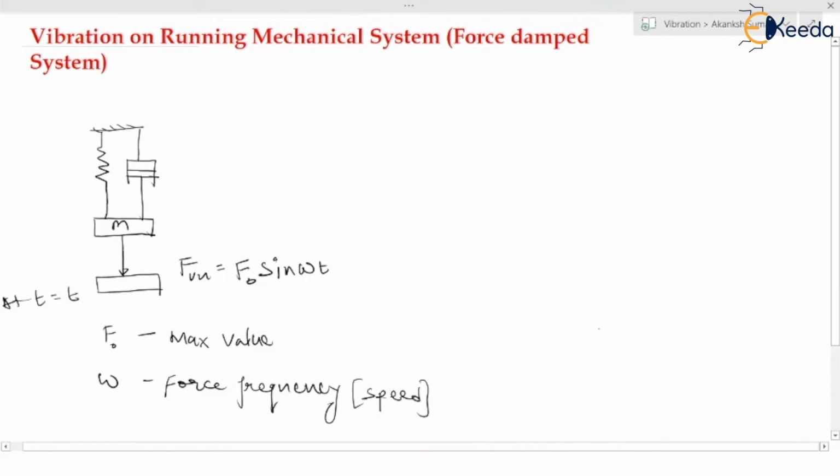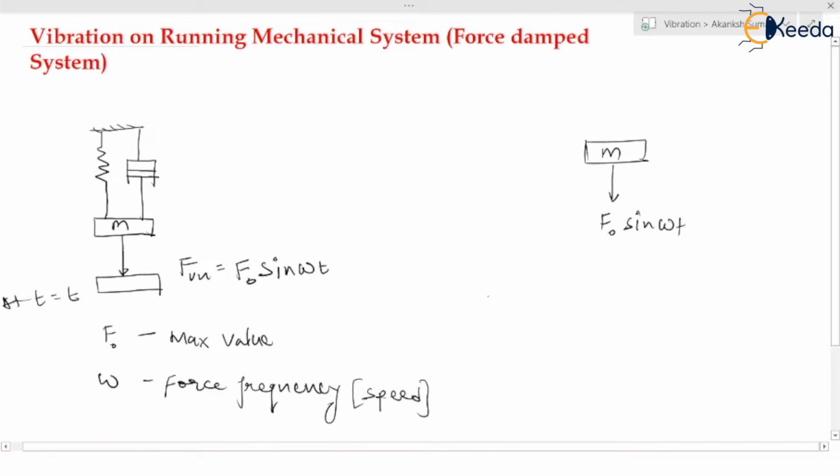Now we are going to apply the D'Alembert principle. As you know very well, how can we apply D'Alembert principle? This is the body having a mass m. Now it is going to be in motion in the downward direction, and the unbalanced force is F naught sine omega t. This is a running mechanical system.